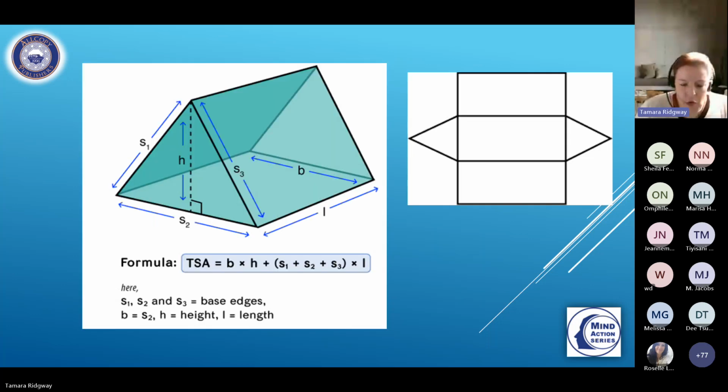If you are using the formula, this is kind of what it looks like. And that is why, when it comes to the shape, and you'll see I mentioned it in the notes, I would definitely encourage them to break it down.